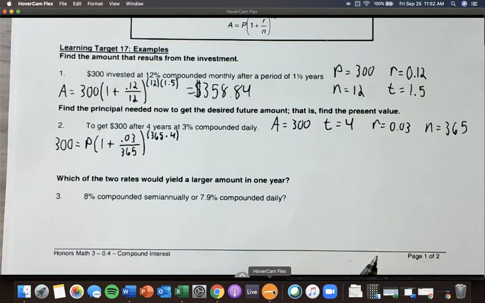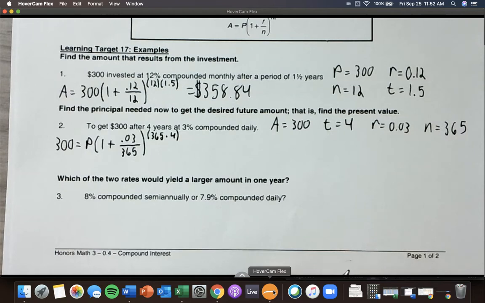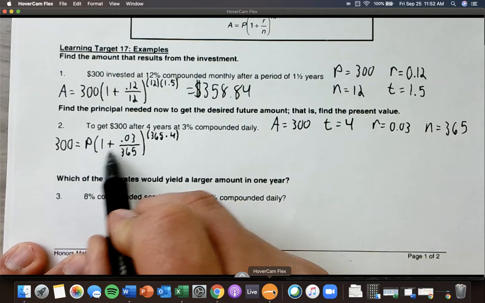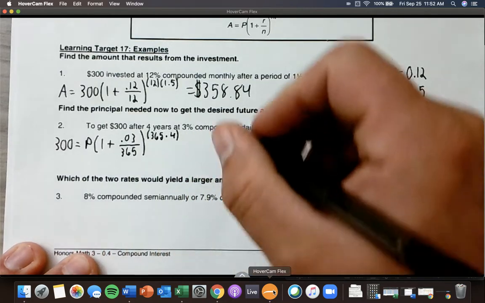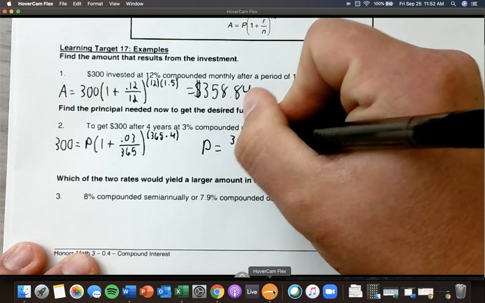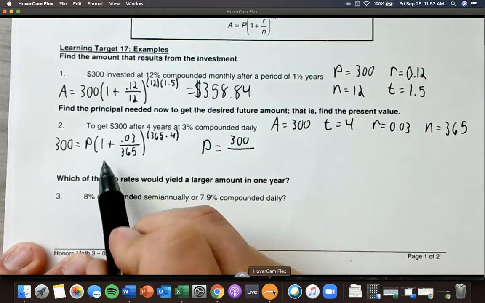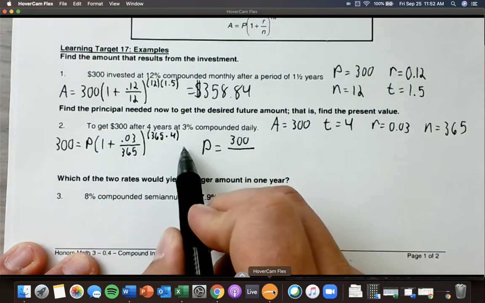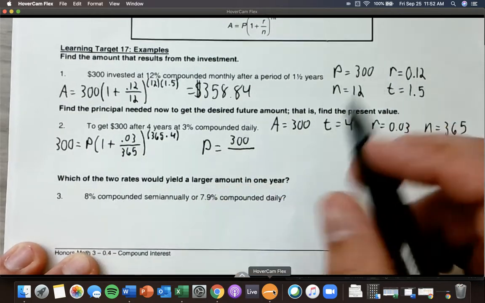All right, so what we can do is rewrite this by dividing all of this over. This would be P equals 300 all over, because all we're doing is taking all of this parentheses here and dividing it to the other side.